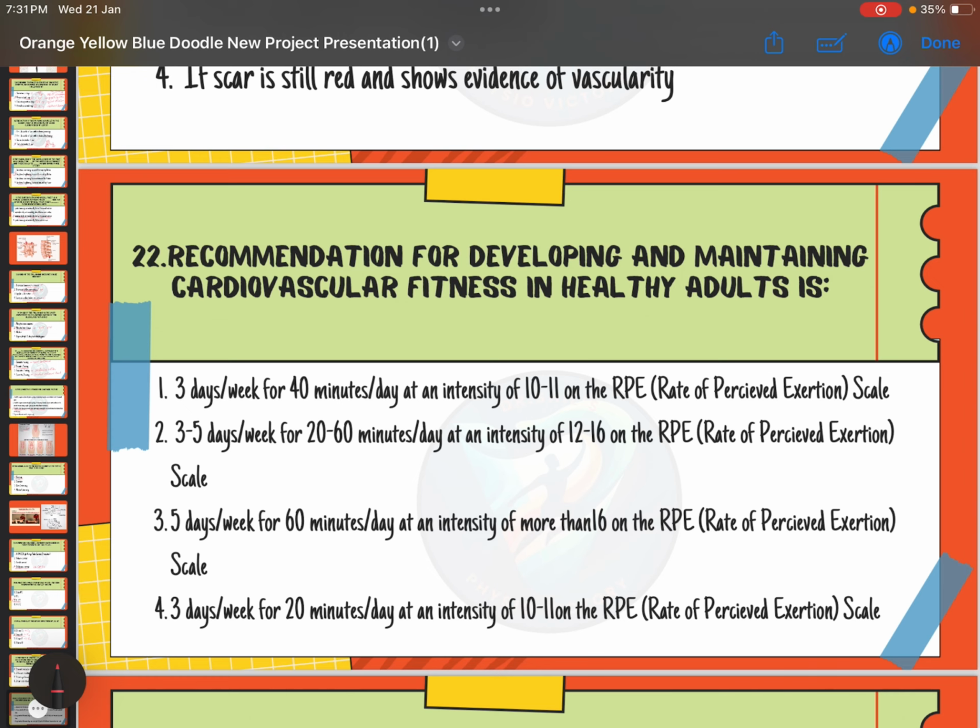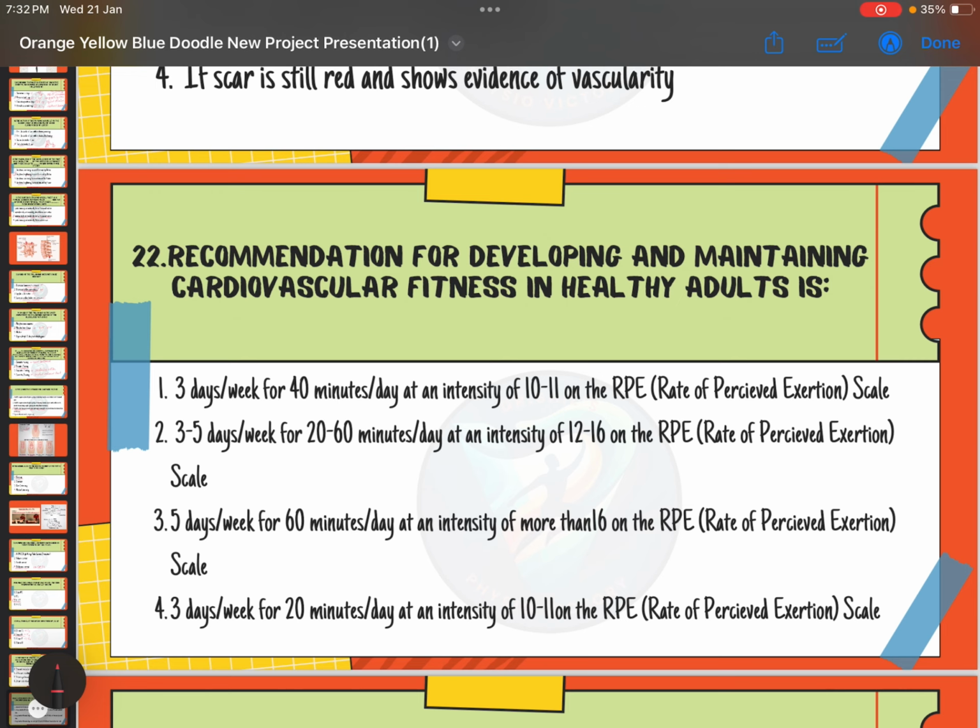Option 2 3 to 5 days per week for 20 to 60 minutes per day at an intensity of 12 to 16 on the RPE scale. Option 3 5 days per week for 60 minutes per day at an intensity of more than 16 on the RPE. Option 4 3 days per week for 20 minutes per day at an intensity of 10 to 11 on RPE.